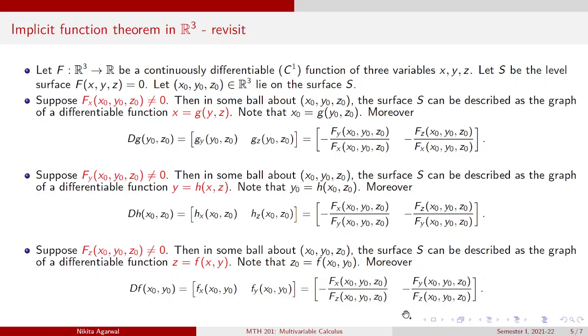So in terms of remembering these expressions, it's quite easy, right? The variable you solve for, x, y or z, comes in the denominator. Okay, so that's how you can remember these expressions.